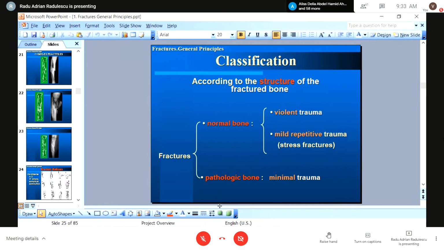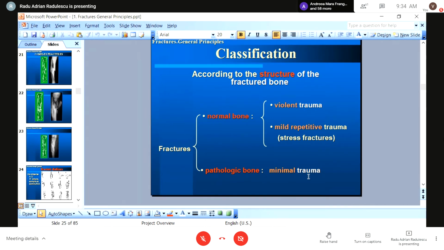And the great majority of the fractures are on normal bone, which has a specific resistance to mechanical stress. But other fractures may be on the pathologic bone, and we may recognize this type of fractures from the very beginning, that they will be produced at a minimal trauma.